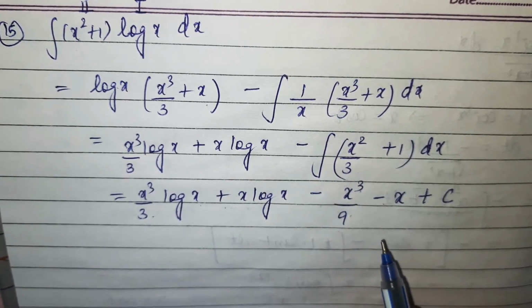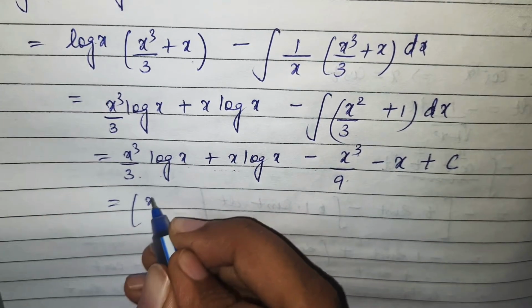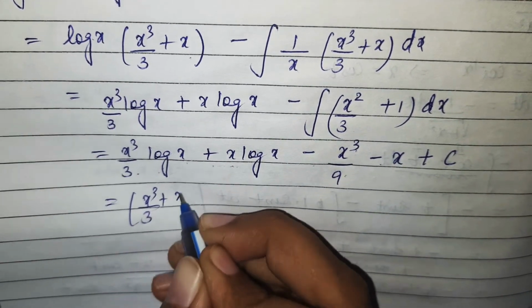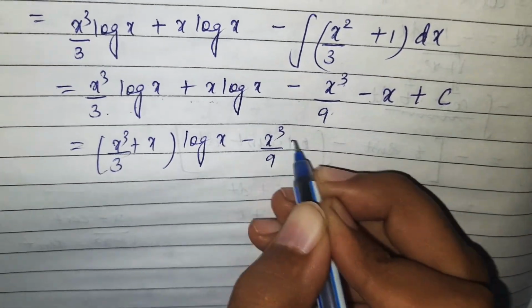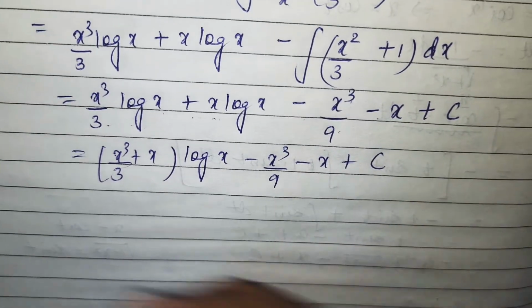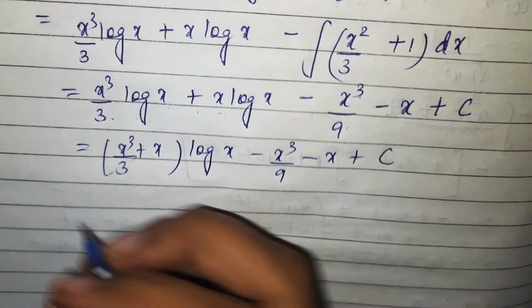Or if you want to take common, you can take x cube by 3 plus x log x minus x cube by 9 minus x plus c. Now come to the next question, question number 16.